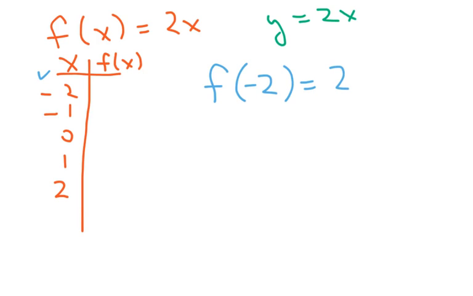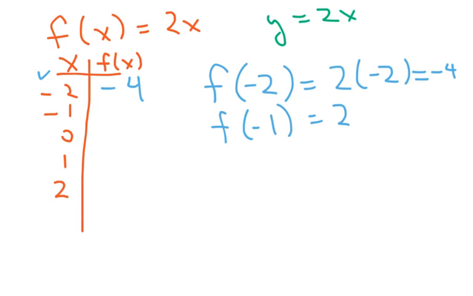So we get 2 times negative 2, and that equals negative 4. Alright, this is evaluating. f of negative 1 equals 2 times negative 1, which is negative 2. So everywhere there's an x here, I'm inputting my domain value.